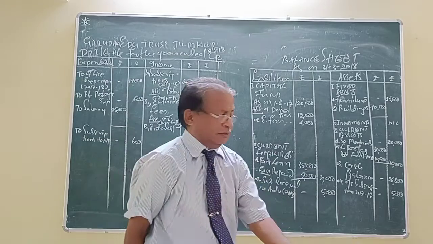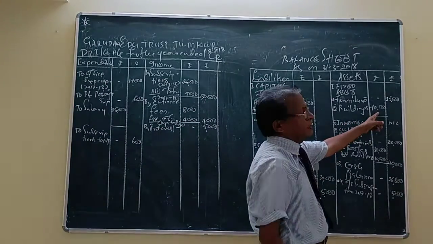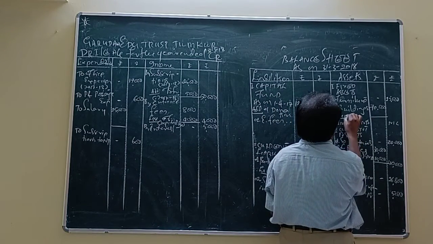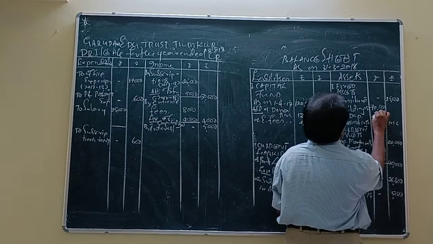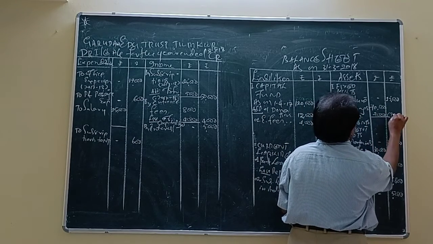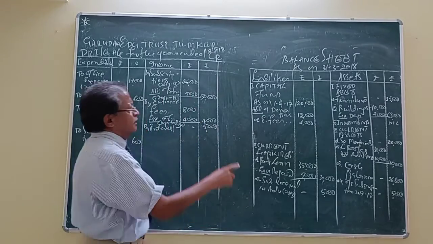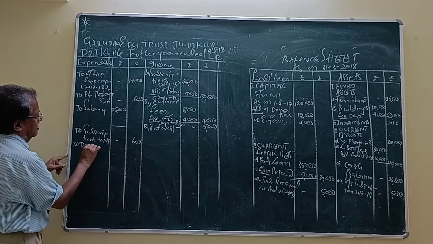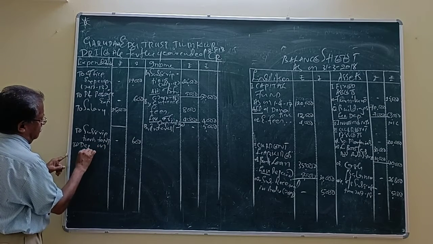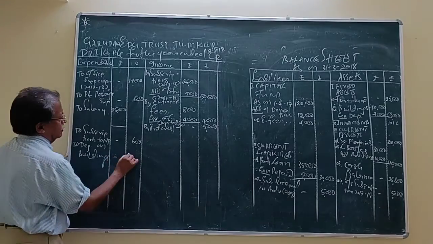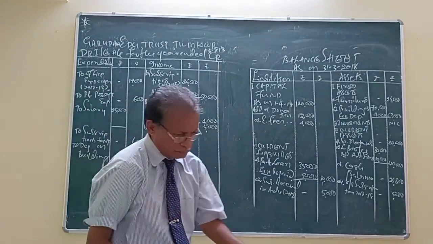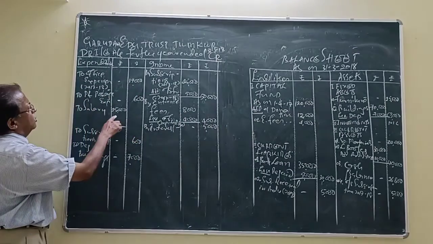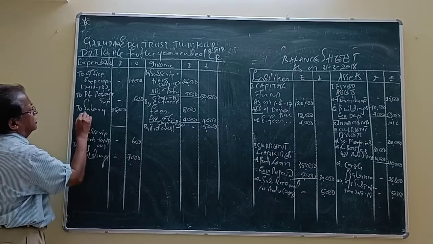Depreciate building by 10%. Total building amount is 70,000. 10% is equal to 7,000. Less depreciation 10% is equal to 7,000. Difference 63,000 outer column. This 7,000 is debited to income and expenditure account. So, depreciation on building 7,000 outer column. And second adjustment, salary prepaid 2,500 will be shown as a deduction out of the salary because it belongs to the next year.